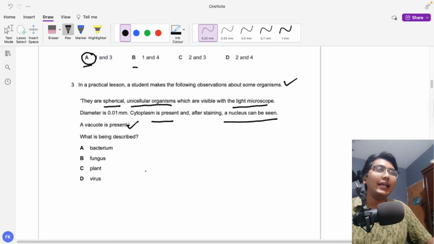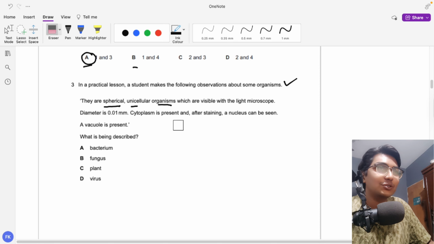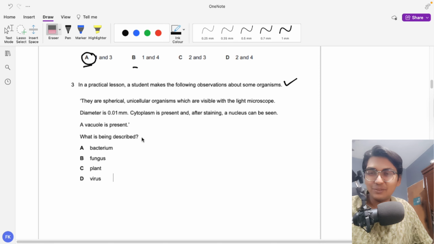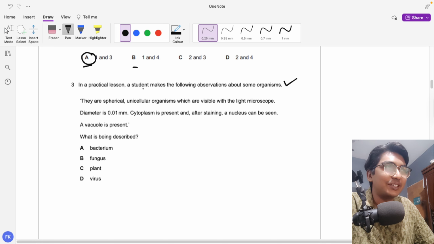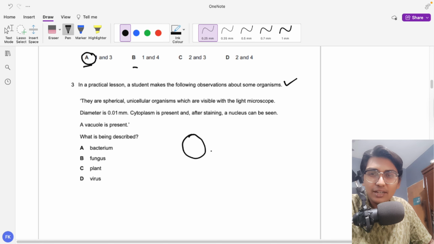Look, plant has a cell wall. Did they mention a cell wall? Let's say I have drawn too much of this. I'm just starting out, so bear with me. The organism is spherical in shape. It is unicellular, so it cannot be a plant.